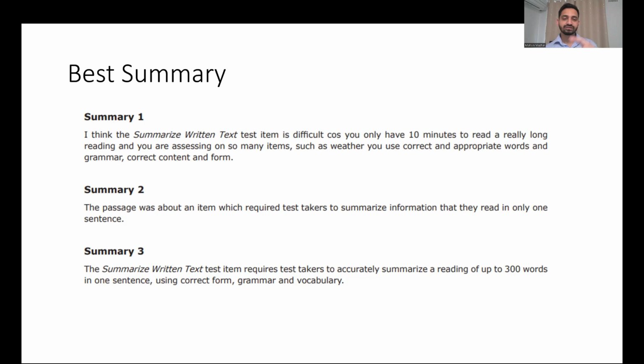Which summary do you think explains it and summarizes it in the best way? Okay, I hope you got a chance to look at these three summaries. I'm going to read them out to you, and then we're going to review and see which summary explains the summarized written text test item in the best way, right?